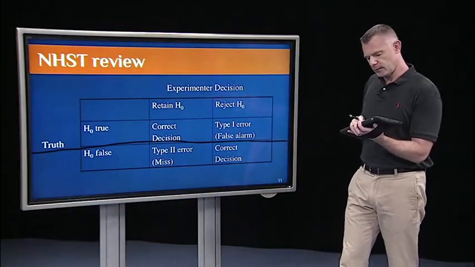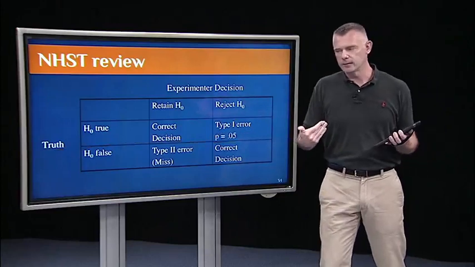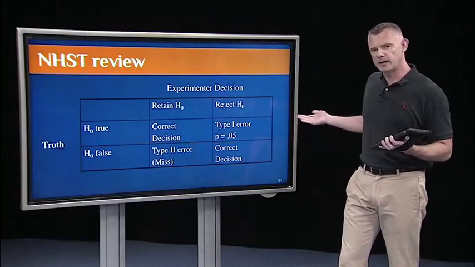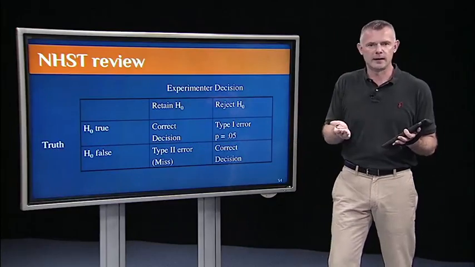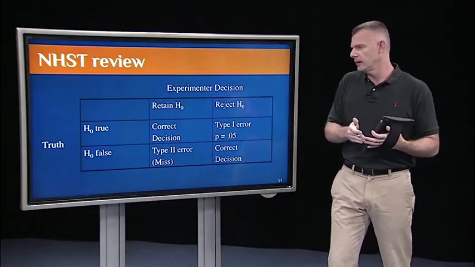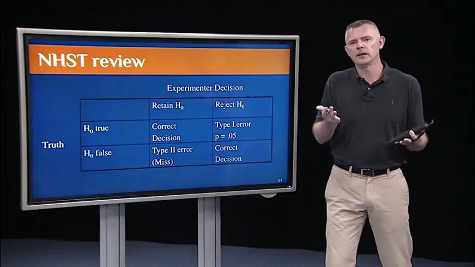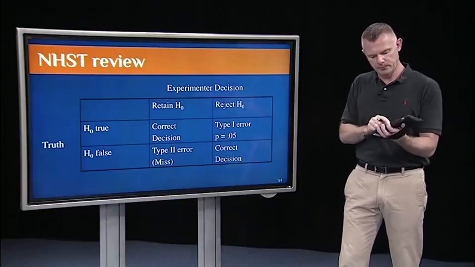We can estimate the probability of type 1 errors, right? We set that by setting alpha. So we set it to say 0.05. And that's convention because we can all sort of live with about a 5% error rate.